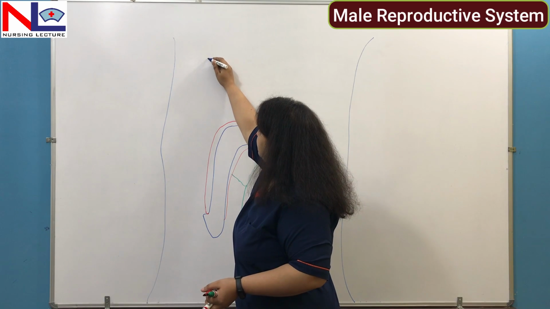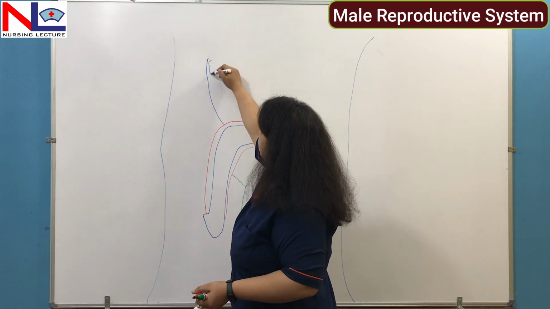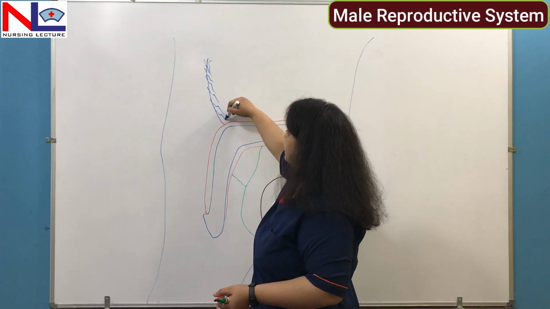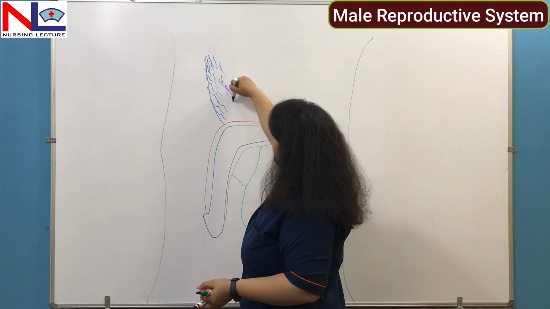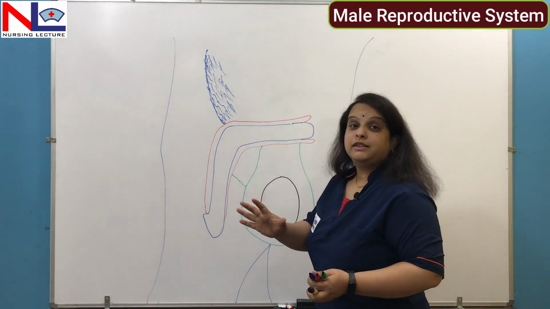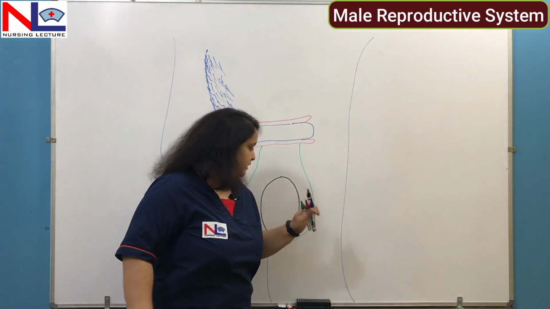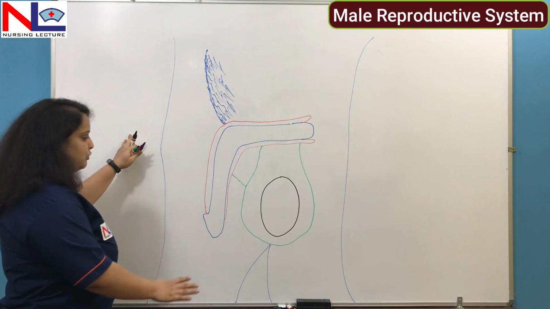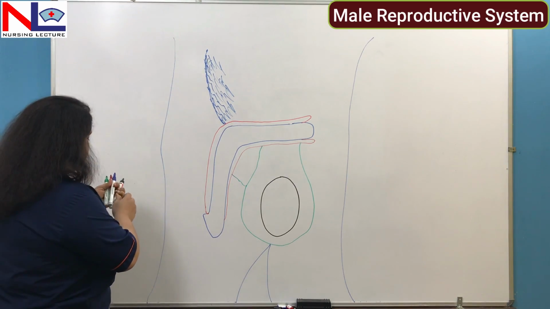Here is the pubic area, which contains the pubic hair. Now we'll see the internal structure of the testes. Let me enlarge this figure so you might be able to see it very clearly.